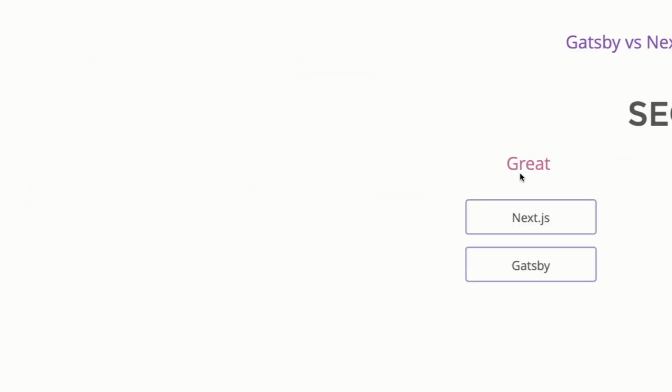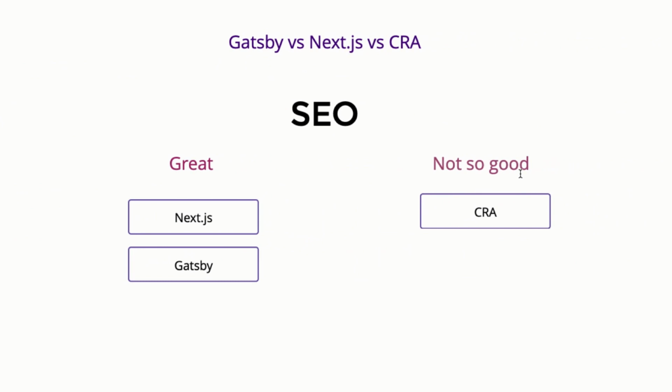So let's do this. In terms of SEO, Gatsby and Next.js are really great when you are looking to build a site that needs good SEO. You might want to go for Next.js and Gatsby, because with Next.js the content is being rendered on a server, and with Gatsby, static pages are going to be generated, which means that web crawlers can actually crawl this website, and it's good for SEO.